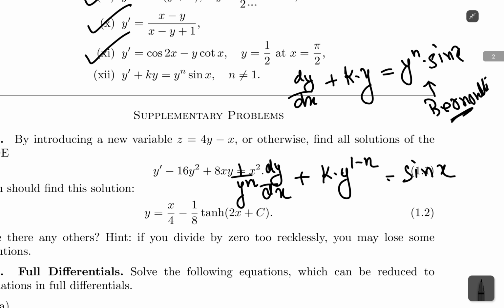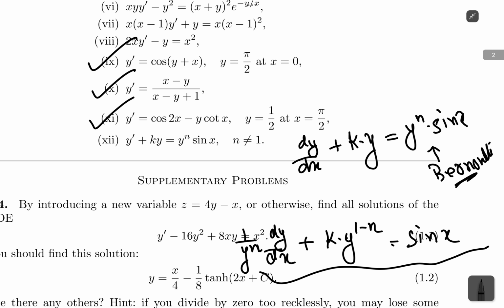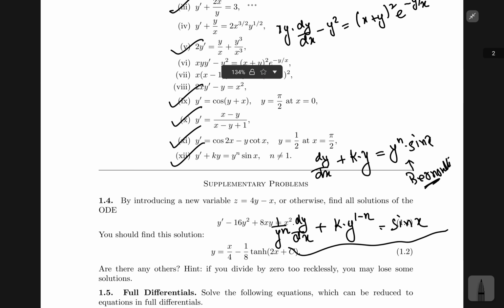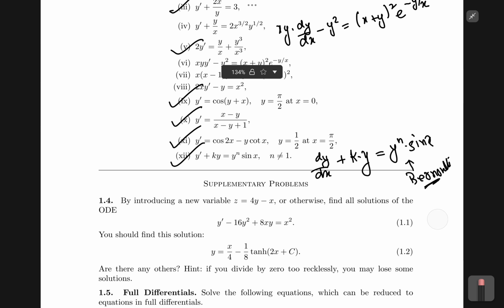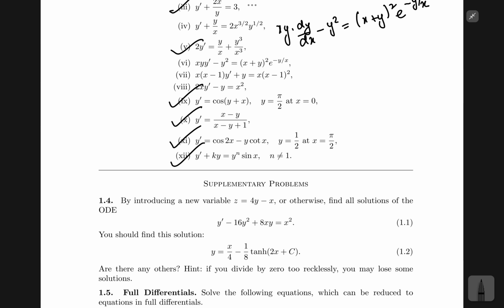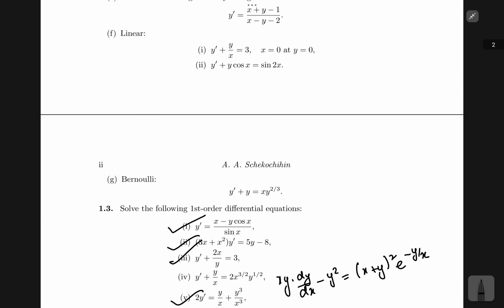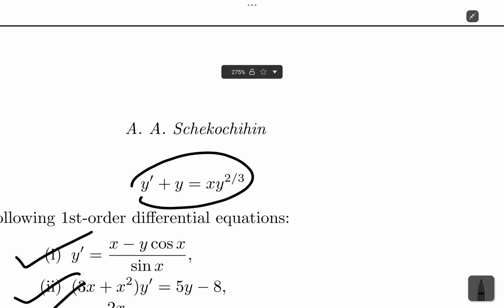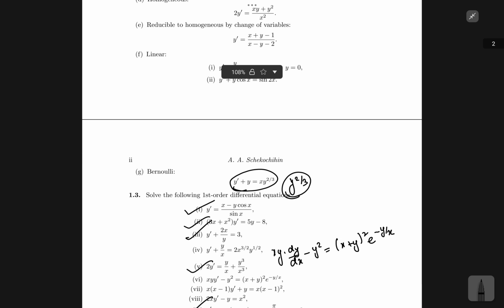It's the standard Bernoulli equation, so you can just solve it. I don't need to explain what a Bernoulli equation is. So this is also a Bernoulli equation. You just need to divide by y power 2 by 3, right?